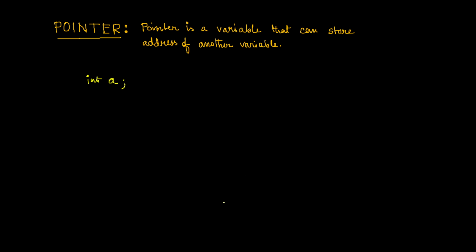If we consider this is the whole memory space, a memory address will be allocated for this variable a, suppose the address is 100, and this is considered as variable a. Within the memory address you can store some data, for example a equal to 10.